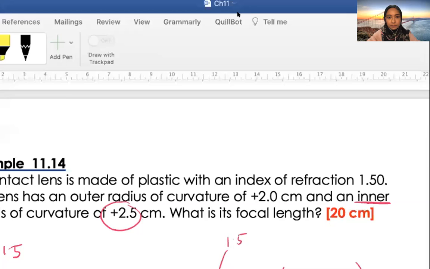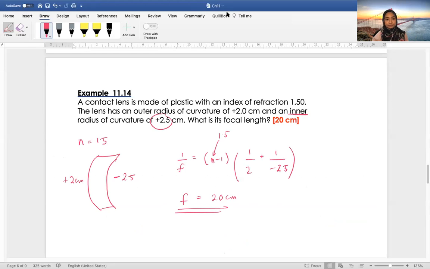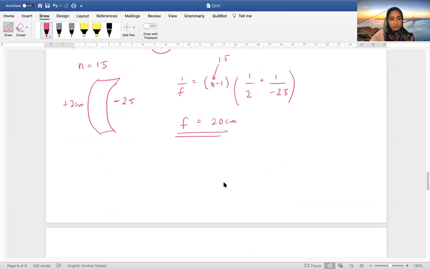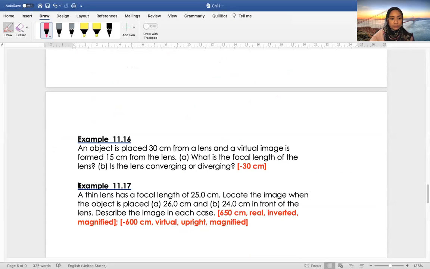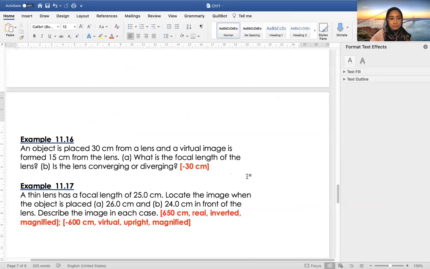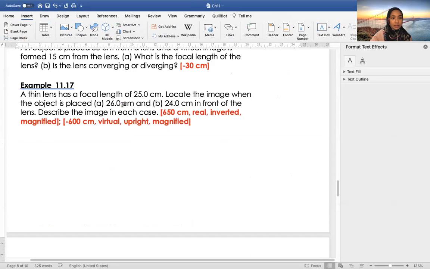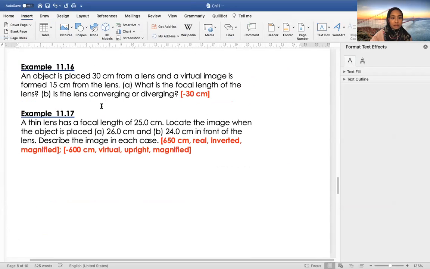Yep. Yes, okay, got it. Okay, so 11.15 is done, 11.16 not yet. Okay. What's up?